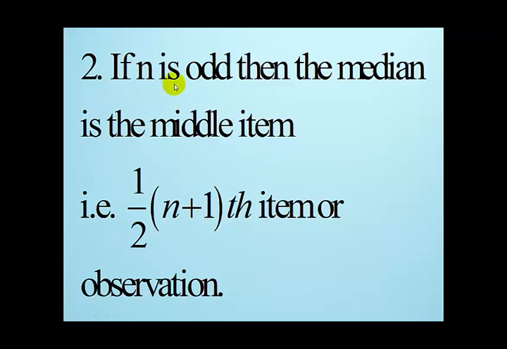If n is odd, that is the number of terms, if the number of terms n is an odd number, then the median is the middle item. That is half n plus 1 item or observation.